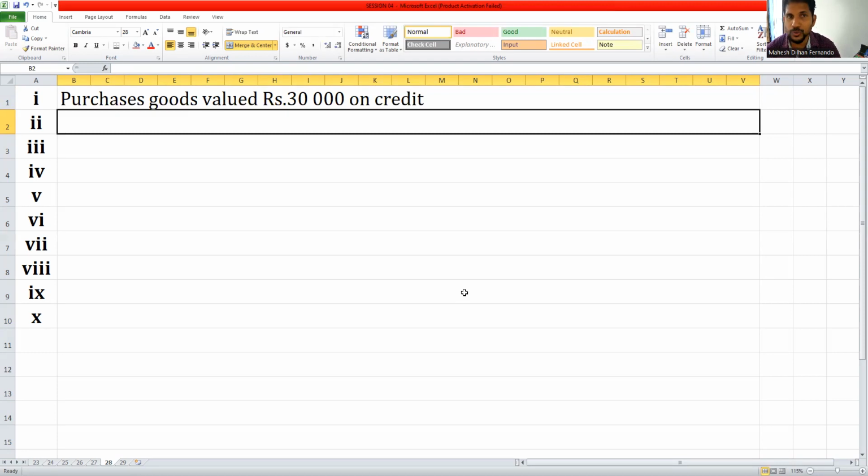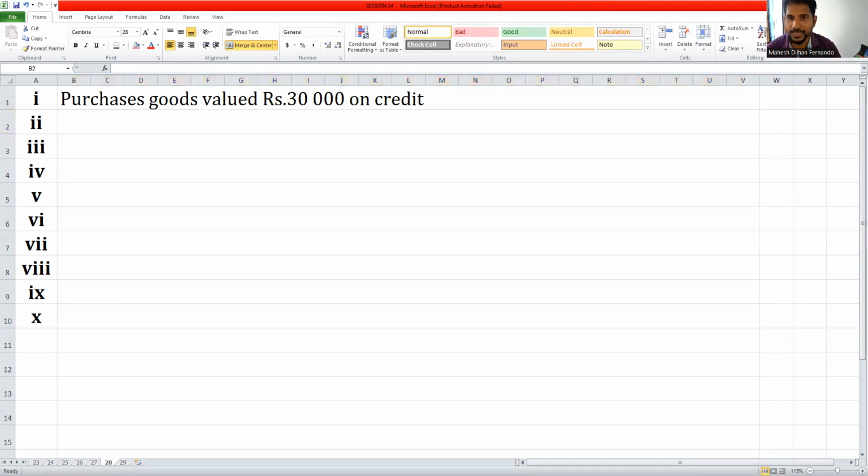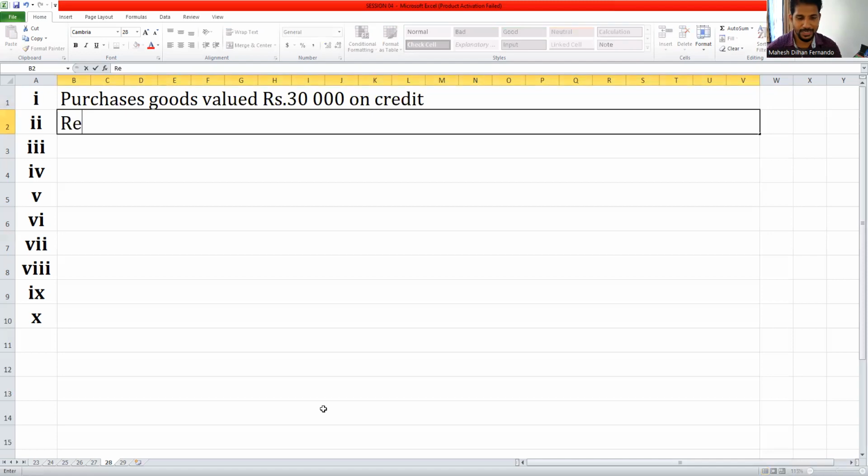Purchased goods valued rupees 30,000 on credit. Mention it. Number 2, debtors minus 35, cash plus 35. What is it? Received rupees 35,000 from debtors.